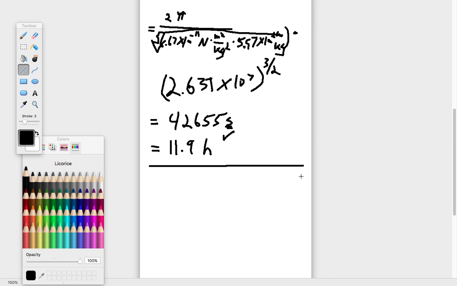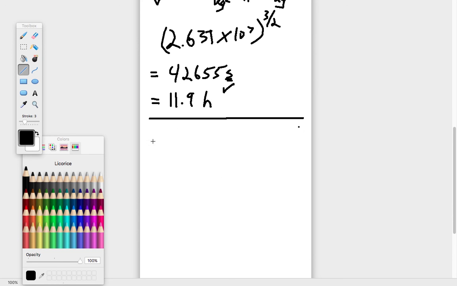There you go. The next thing has to do with the orbital velocity, and there's two ways to do this. One, there's an equation in the book.